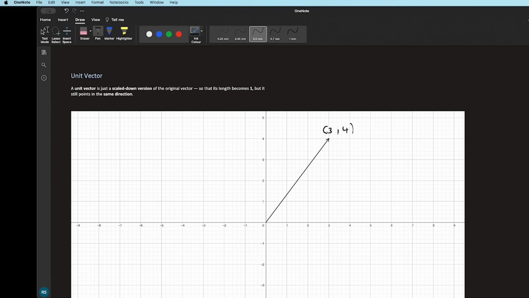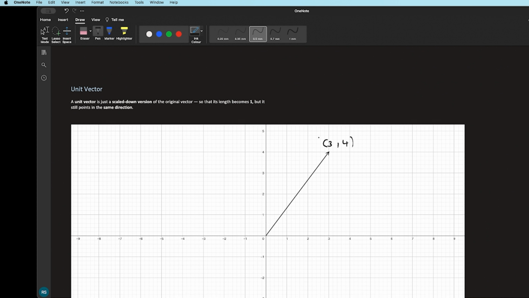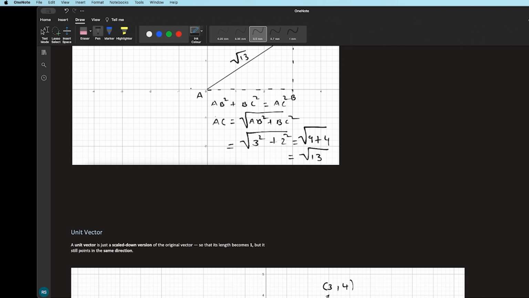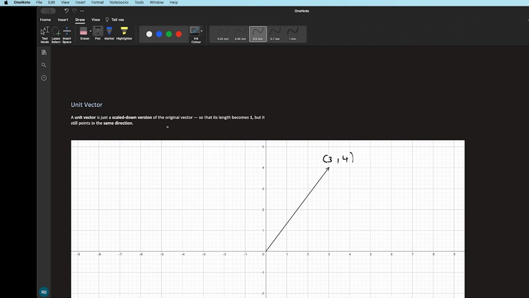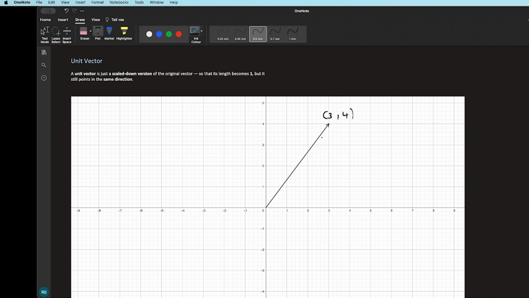Let me first calculate the length of this vector. Also, I forgot to tell you that the magnitude of a vector is denoted by two bars on the left and right, and here it is root of 13. Now I want to find the magnitude of this vector.